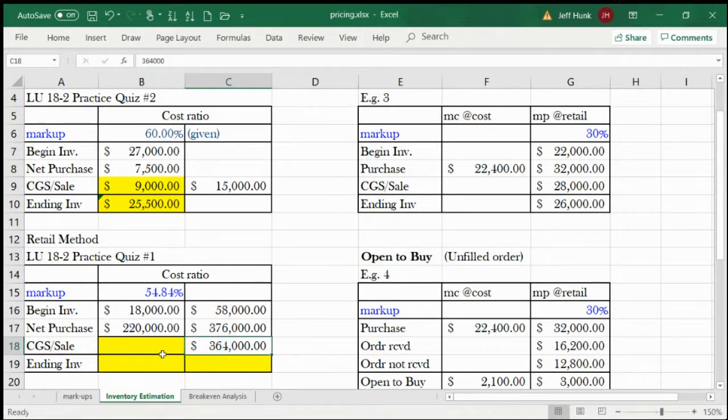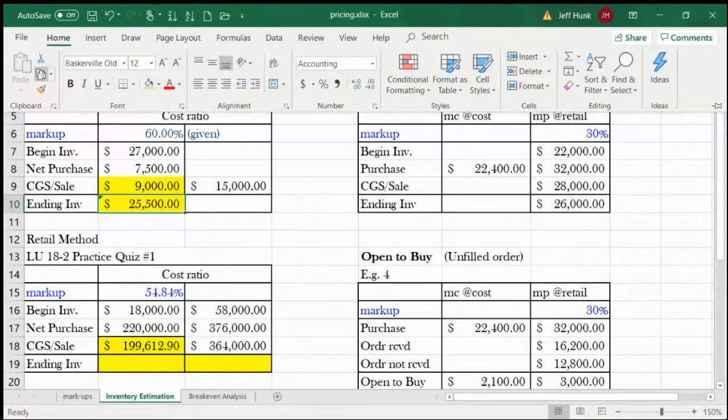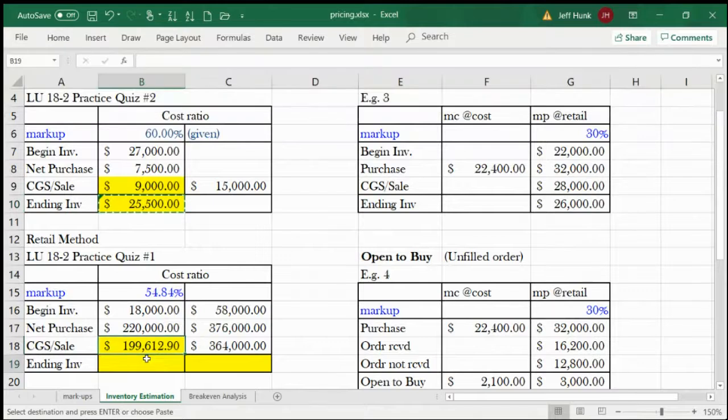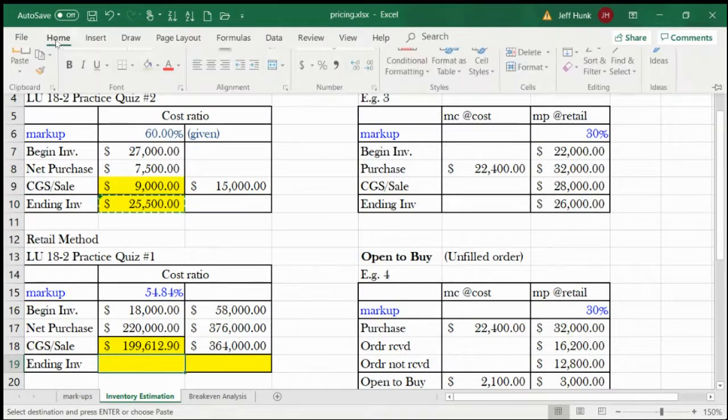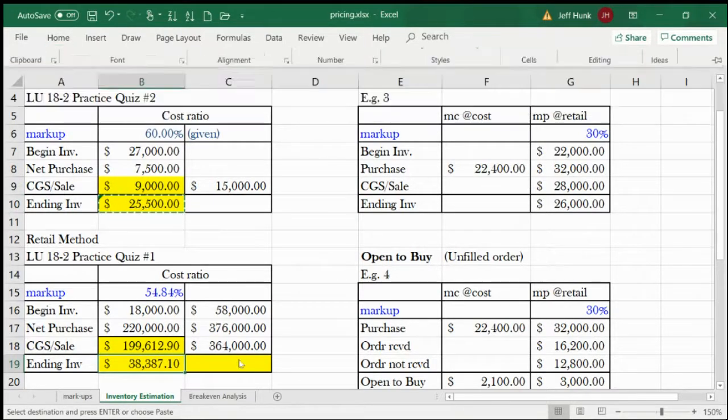Then I can backtrack the CGS from the sales revenue, which is simply this times this, right? We got that. And then what about the ending inventory? Of course, it's the same thing, so I will simply paste it there.